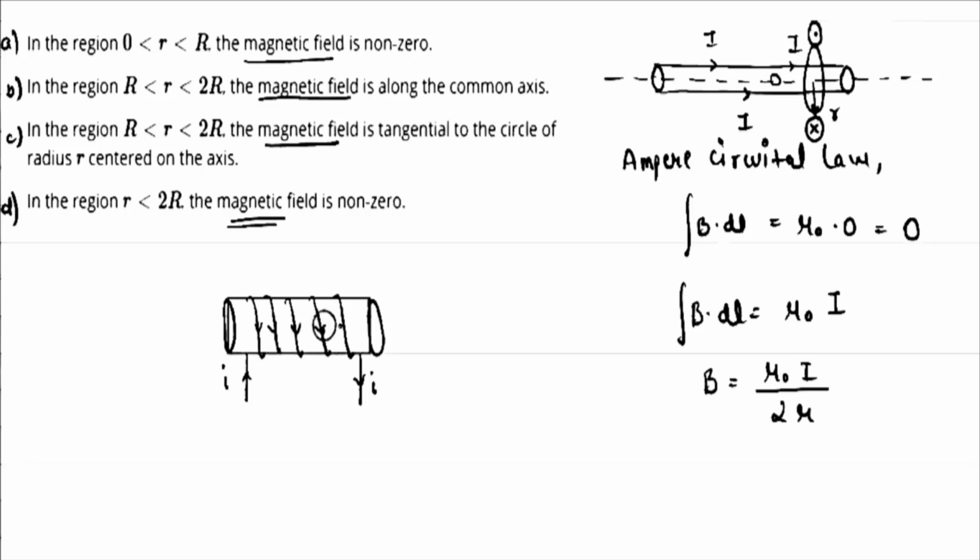We know that the magnetic field is generally confined within the solenoid, and we can find its direction by the right hand thumb rule, and it will be along this direction. The magnetic field outside the solenoid is always 0; the field stays confined within the solenoid only. It is given as B equals mu naught times n I, where I is the current flowing through the solenoid wire, n is the number of turns per unit length, and mu naught is the magnetic permeability of free space.